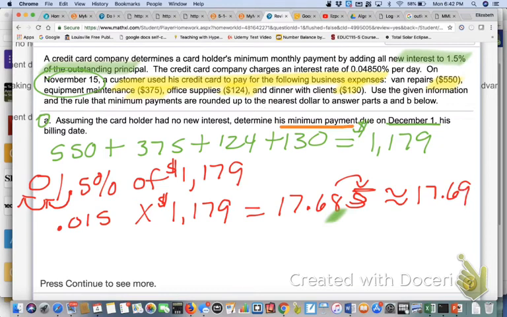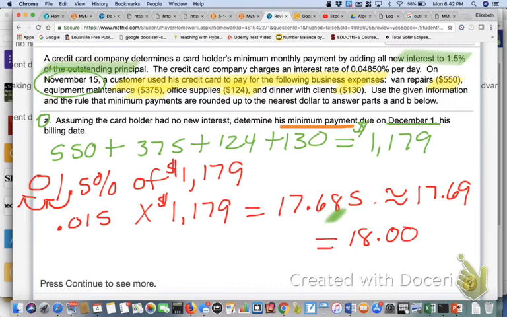Normally, we would round it up to $17.69. However, the way credit card companies calculate your minimum payment, you'll notice you very rarely get a credit card bill where the minimum payment has cents. They always take that number and round it up. So even though 17.685 rounds to 17.69, what the card company is actually going to ask you for as a minimum payment is $18.